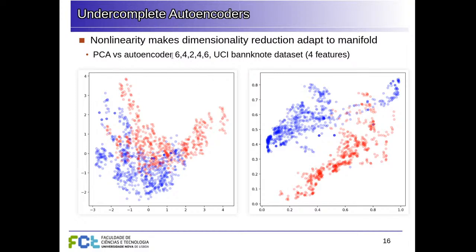But then what we use is only this first part to project the original data into 2 dimensions, and we have this result here. So this captures a lot better the structure of the data and gives us a better separation in this case between the 2 classes.